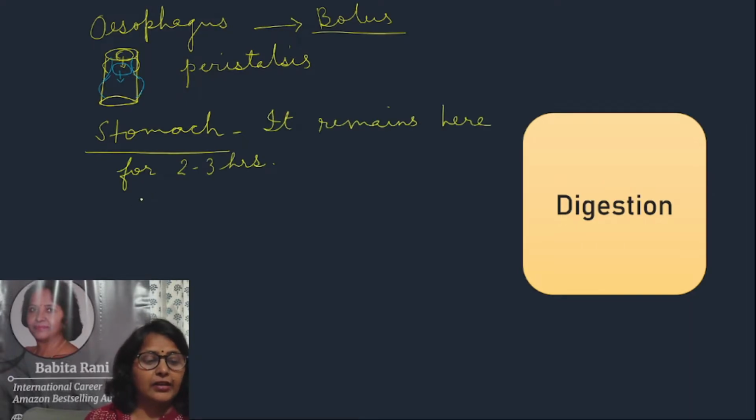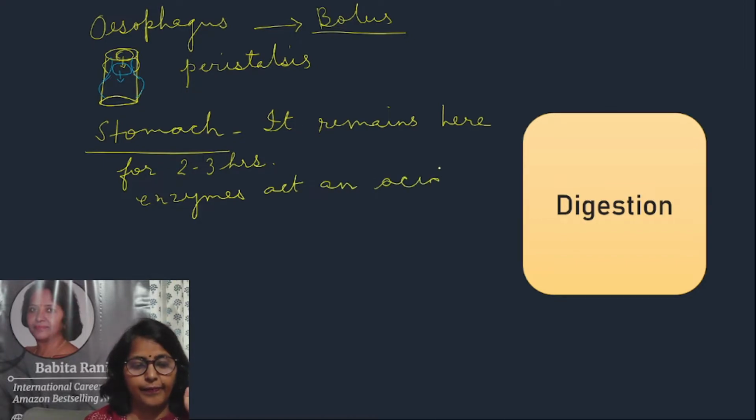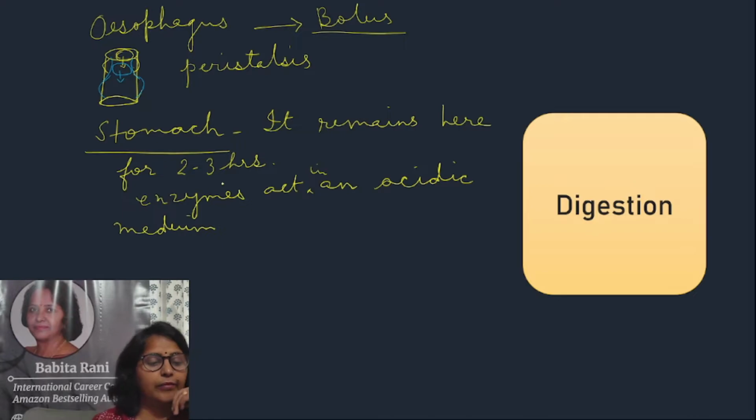In the stomach, enzymes act in an acidic medium. So how is this acidic medium provided to the stomach? The stomach has a gland which is known as gastric gland.